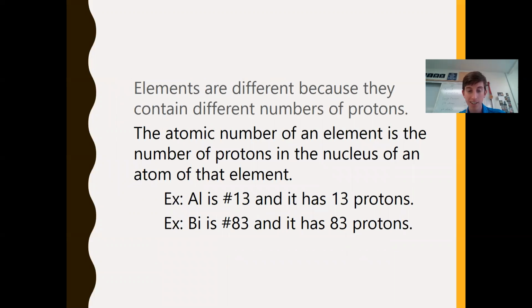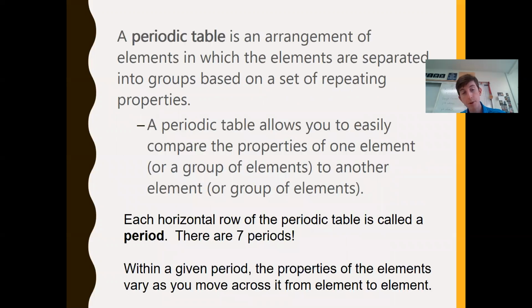We talked about that. So a periodic table, and notice I said a periodic table. There are different periodic tables. The one we use is the most common one, and I think the best, but other people have other opinions maybe. It's an arrangement of elements, and the elements are separated into groups based on a set of repeating properties. They periodically repeat.